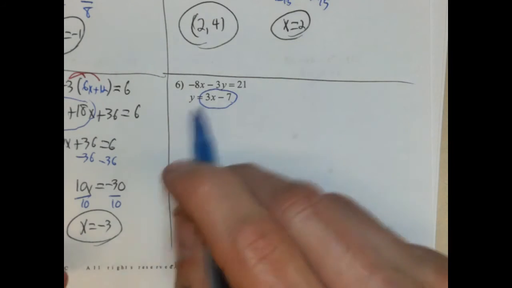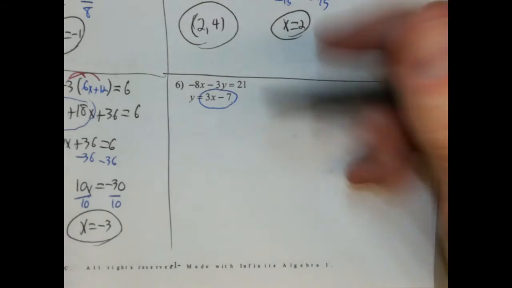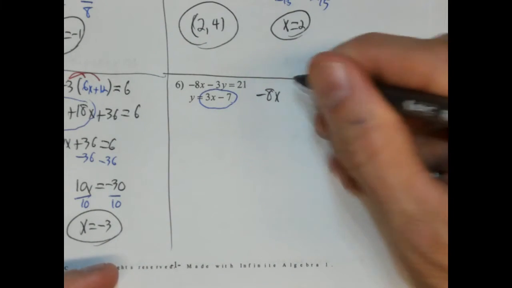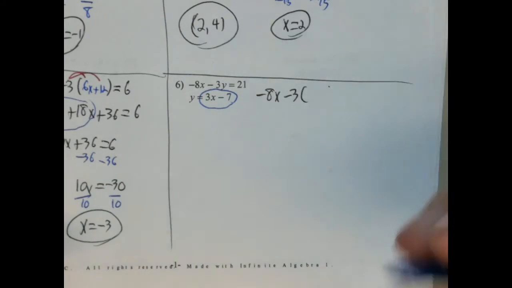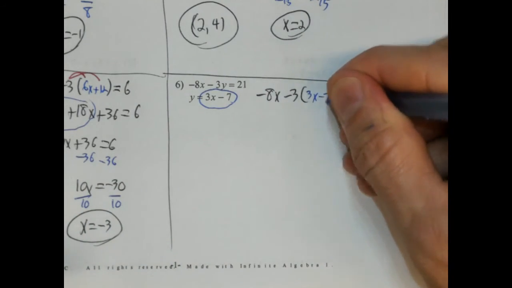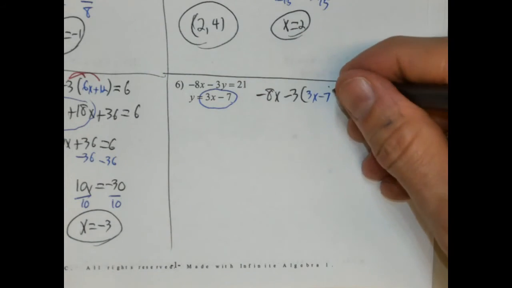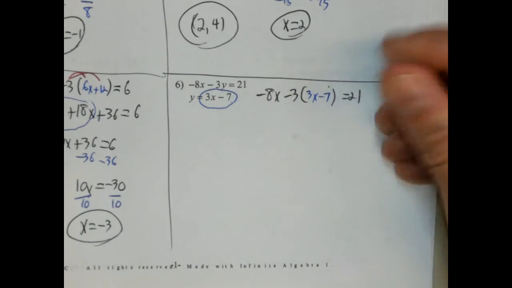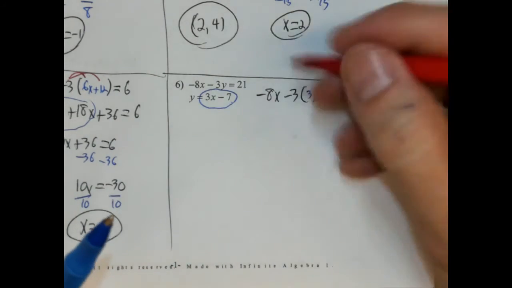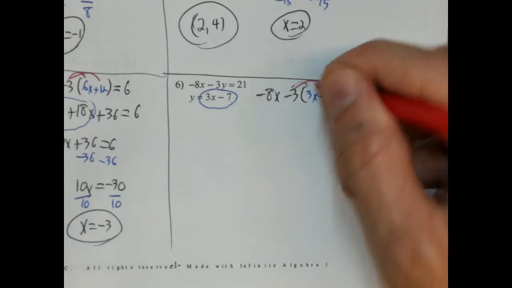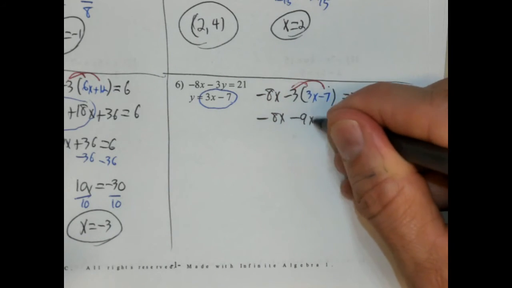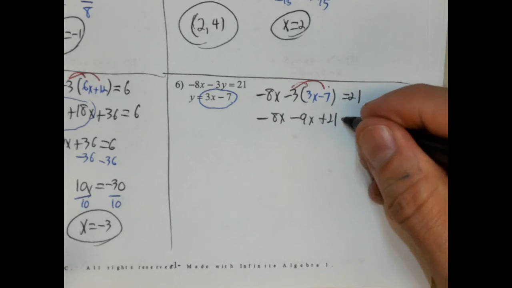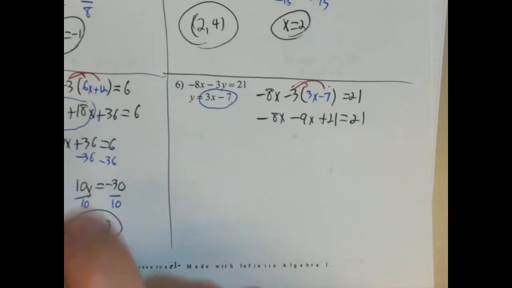Okay, so we're going to take this and plug it in for y. So we're going to write negative 8x minus 3, and inside those parentheses we're going to put 3x minus 7, equals 21. And now we're just going to distribute that negative 3. Okay, so negative 8x minus 9x plus 21 equals 21.